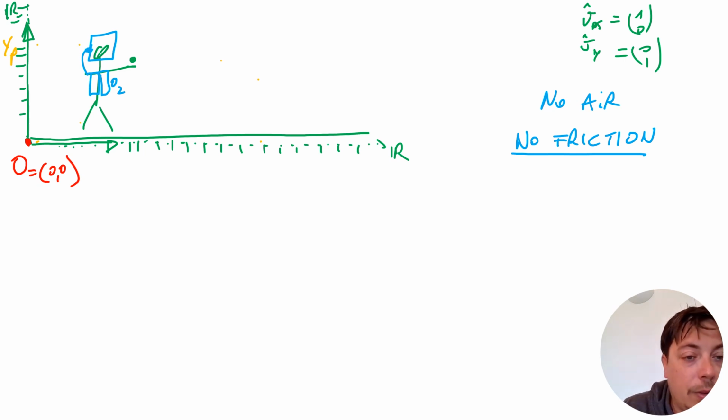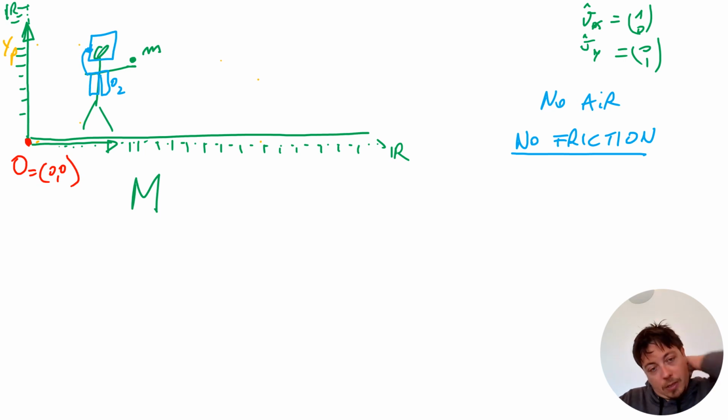So let's suppose that this is Earth. Oh, actually, it could be Mars. There is no air on Mars. But it doesn't matter. What I want to say is that we need ground because we want a big mass that will attract our small mass m.